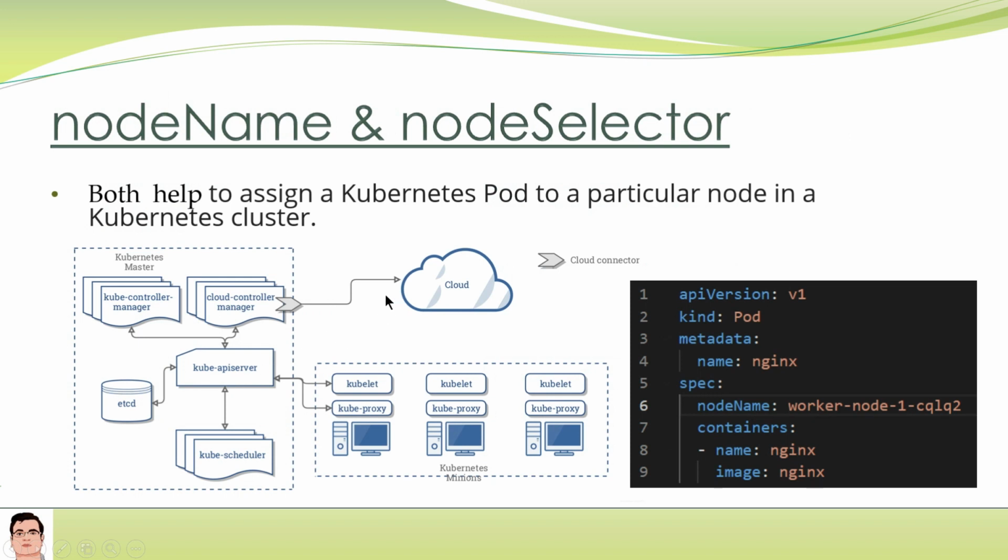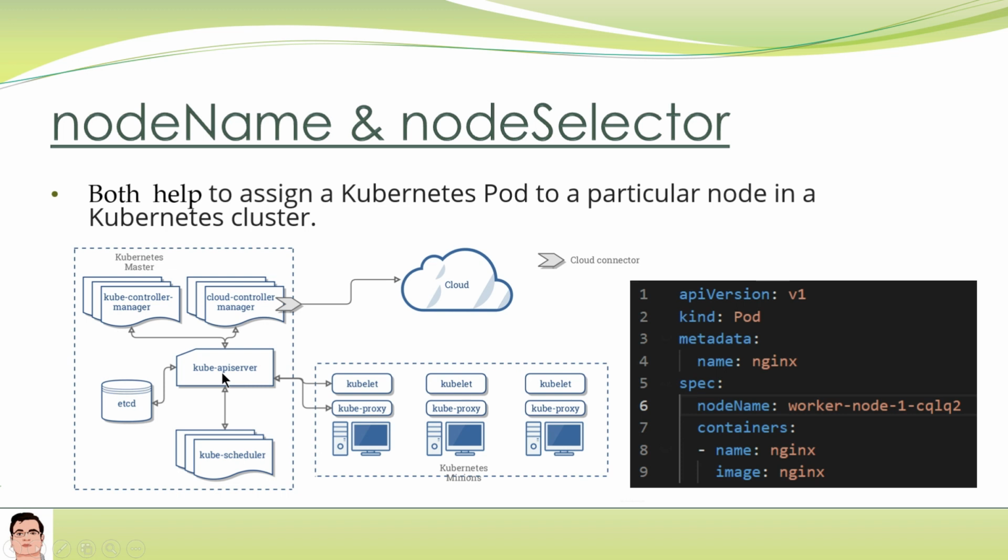When you request using the node selector to the API server, it will definitely pass it to the kube scheduler, because we have two nodes that have the same label, and it is the responsibility of the kube scheduler to decide on which particular node this pod is going to be applied. The kube scheduler decides and gives that information to the kube API that it is going to deploy this pod in this particular node, either node 1 or node 2, when we have a node selector of disk=SSD, because we have two nodes that have the label disk=SSD.